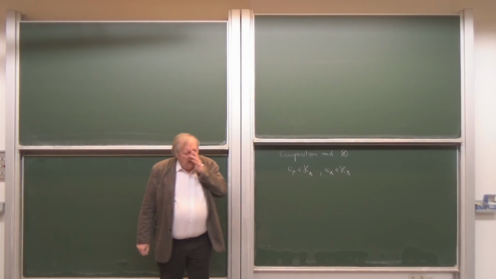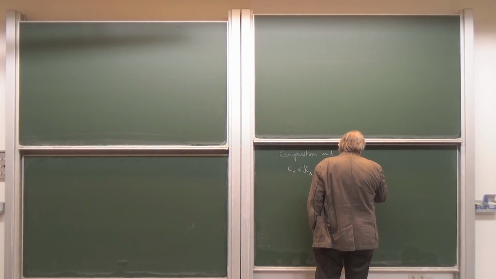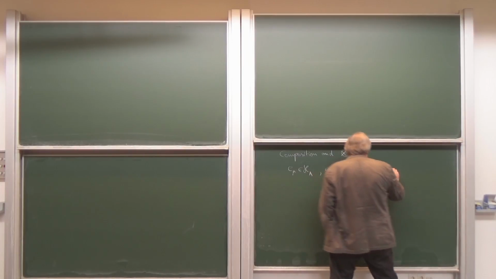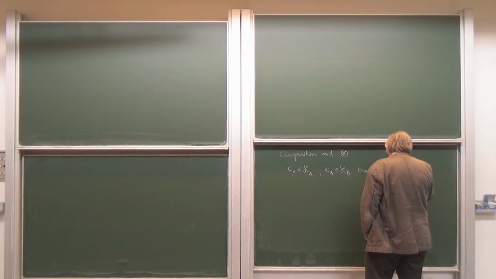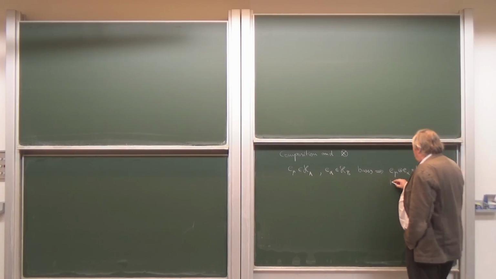Right? So these are bases. Then these product vectors, which I sometimes write as shorthand, are a basis for the tensor product.